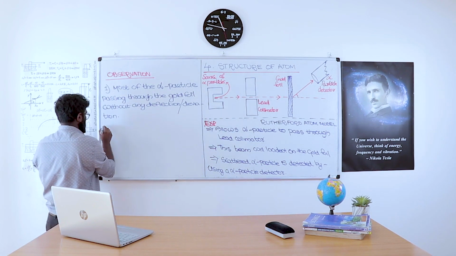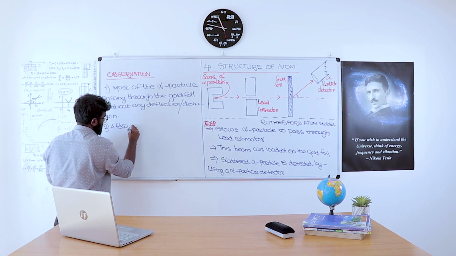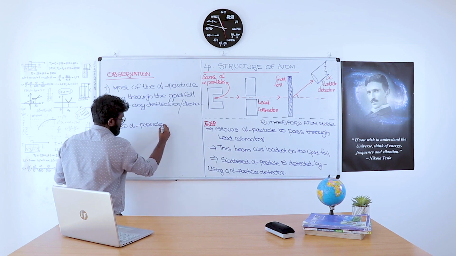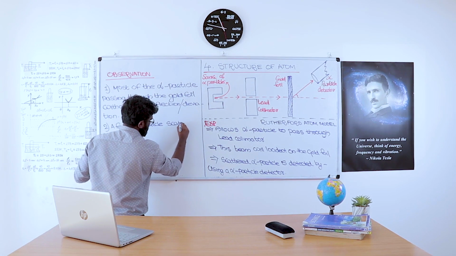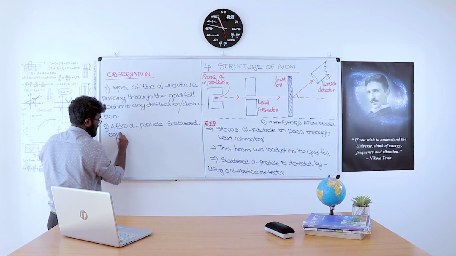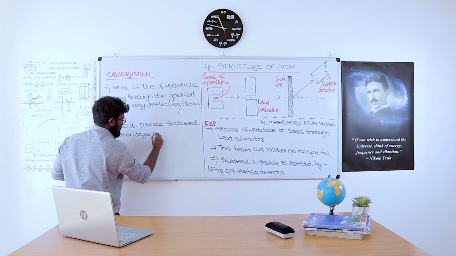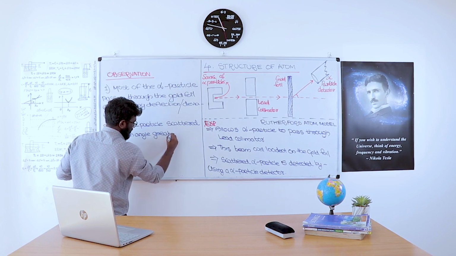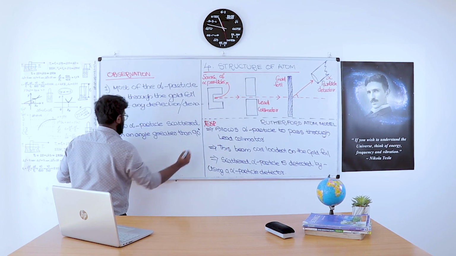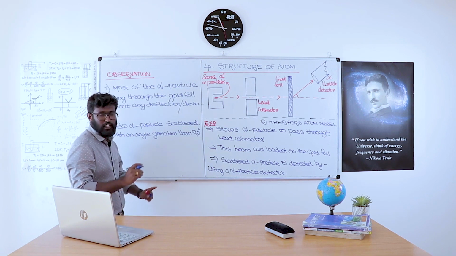What is the second observation? A few alpha particles are scattered with an angle greater than 90 degrees.